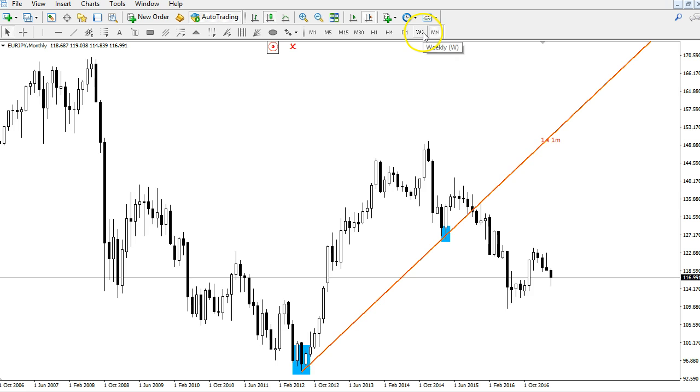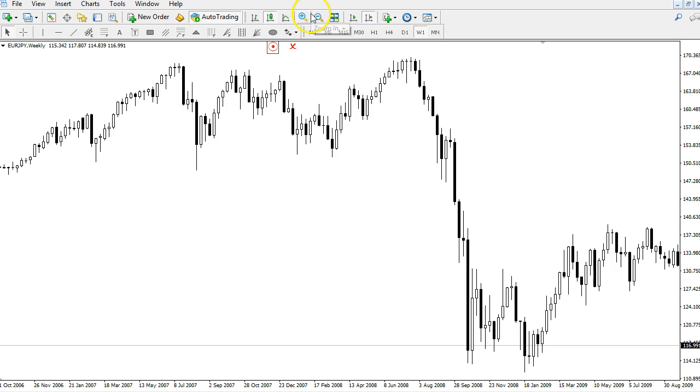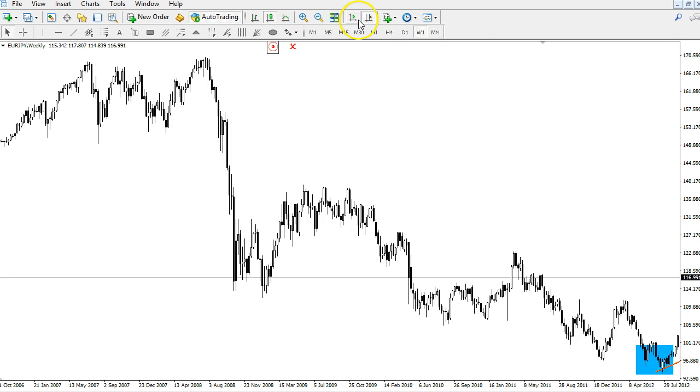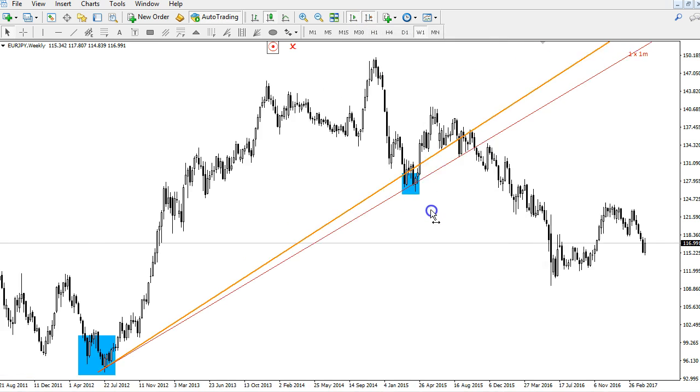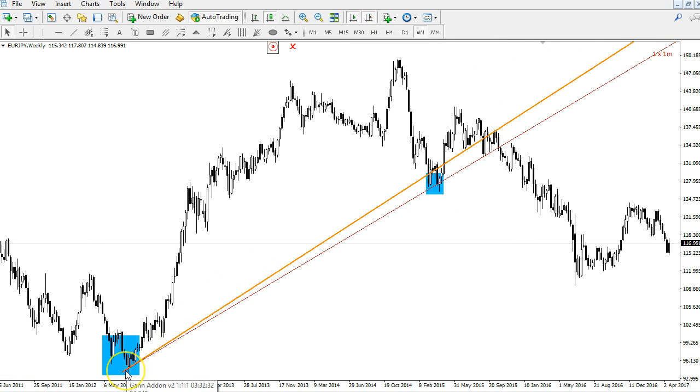So now let's go to the weekly chart and we can see that when you draw the angles manually on the chart, the location of the trend line has changed, while the indicator keeps the same position.